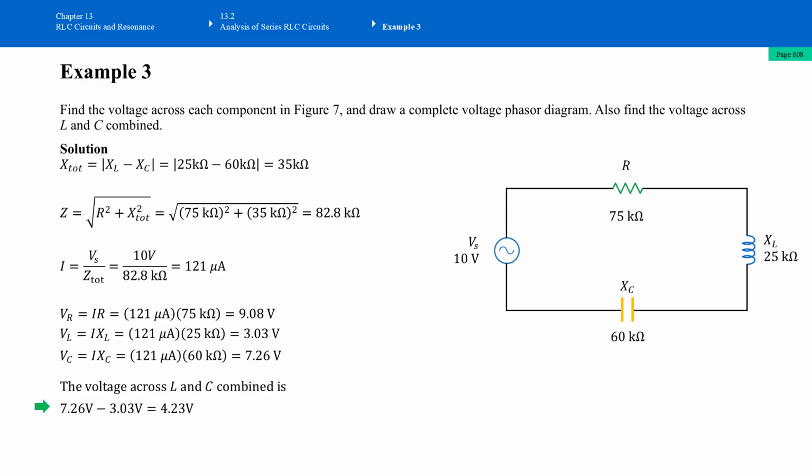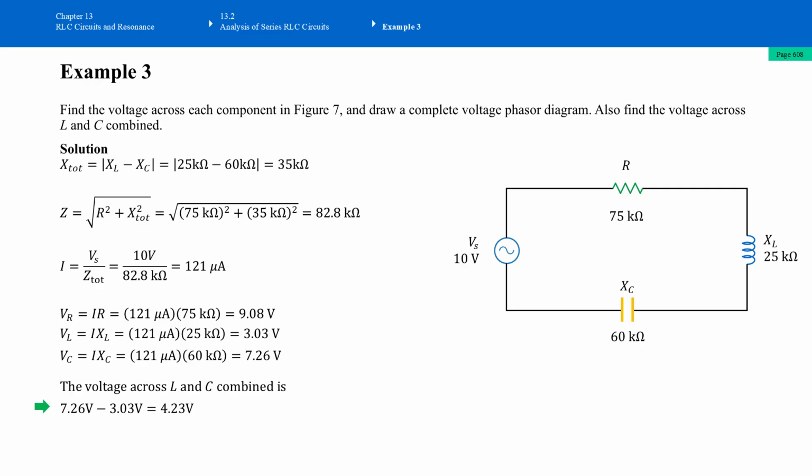Now let's find the voltage across L and C combined. The voltage across the inductor leads, and the voltage across the capacitor lags. So over here, we can use 7.26 volts minus 3.03 volts. We are not particularly interested in the sign, because we are interested in knowing the difference as a positive number.